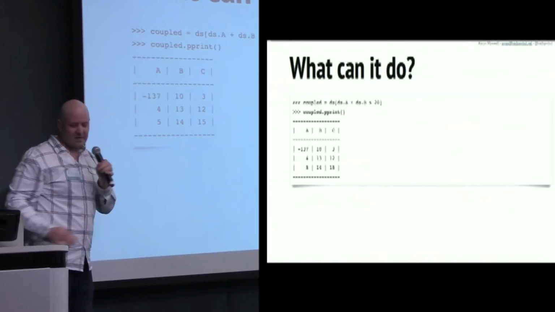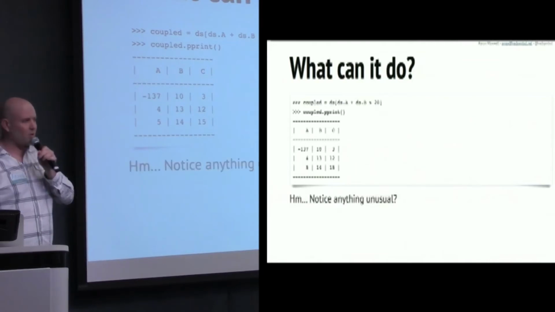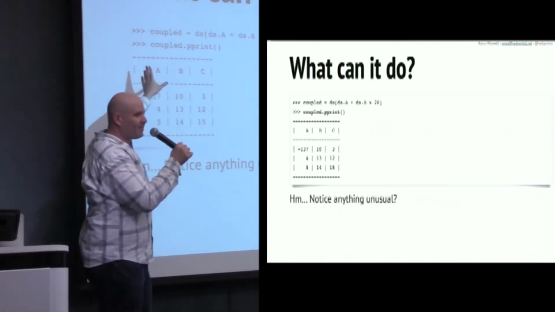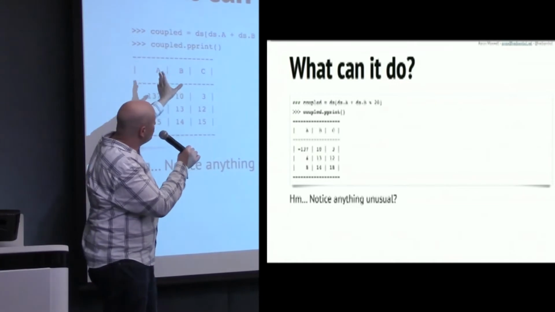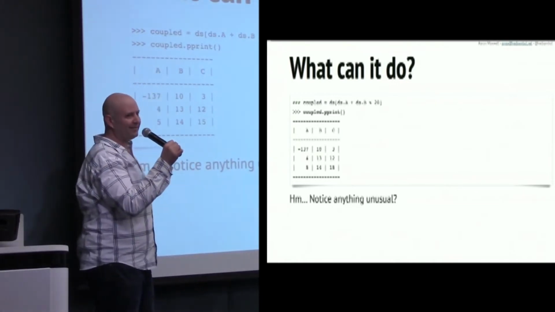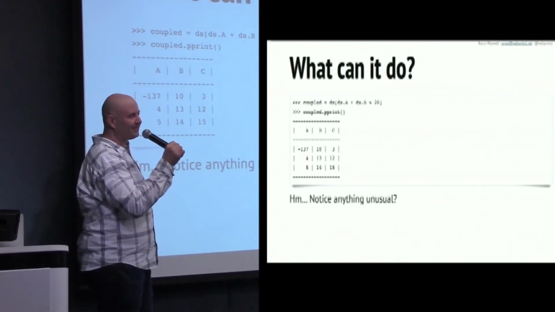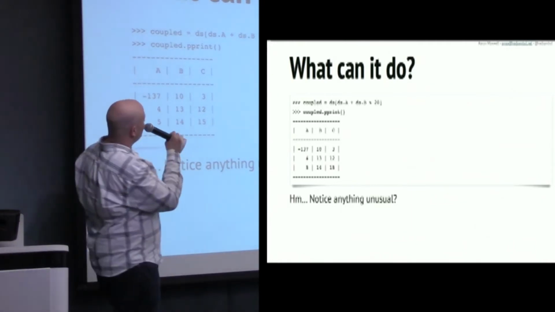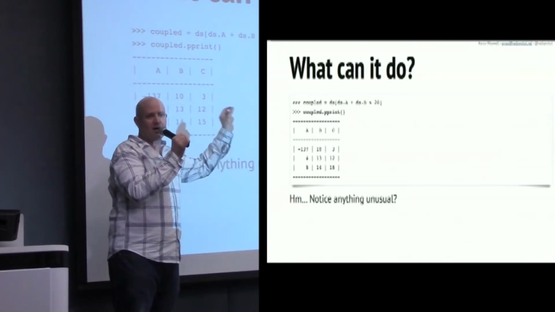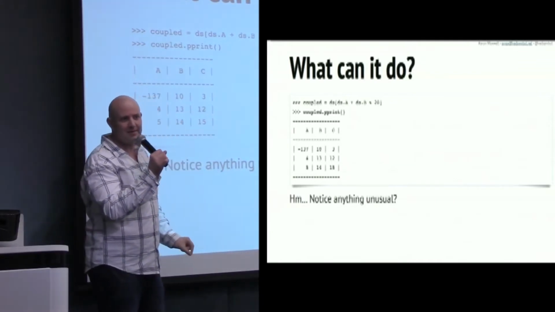Pretty simple, right? So now if you think about it though, there's something a little odd here. Can anybody point out what's kind of unusual on the first line? The operator. Which one? The plus, the less than, or either, right? Right.